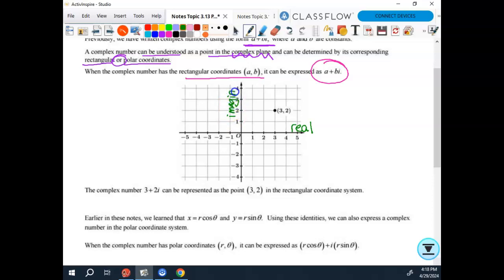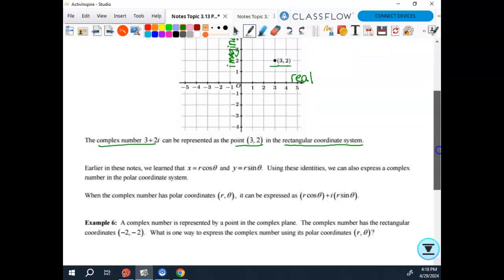Okay, so it's the imaginary and the real axis. That's why 3, 2, that's not an x and a y, that's an a and a b, and you get a plus bi. So this says the complex number 3 plus 2i can be represented as the point 3, 2 in the rectangular coordinate system or in the rectangular complex plane.